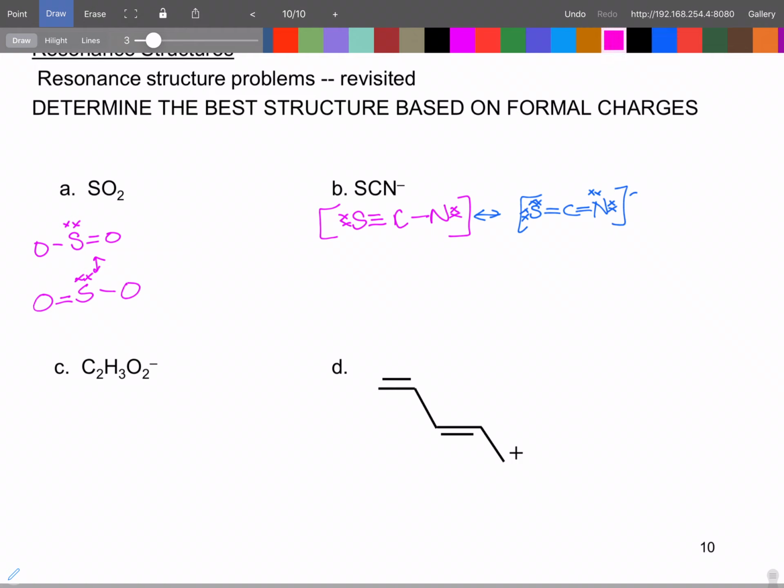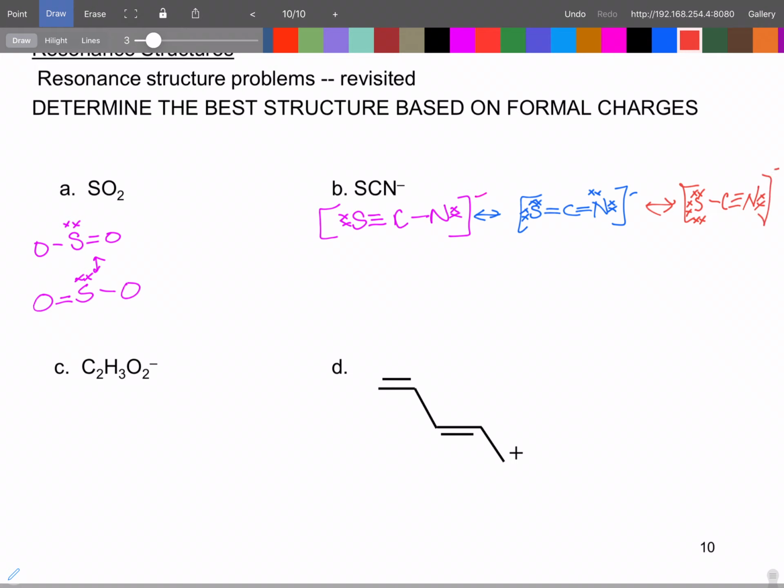Oh, I forgot to put the negative on that one. The third structure was sulfur single bond, three lone pairs, carbon triple bond nitrogen, lone pair, and the whole thing is negative.